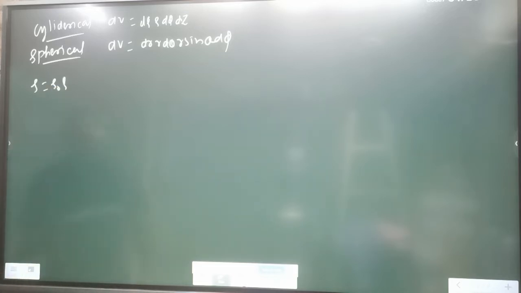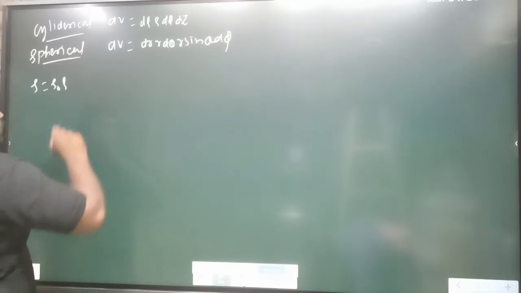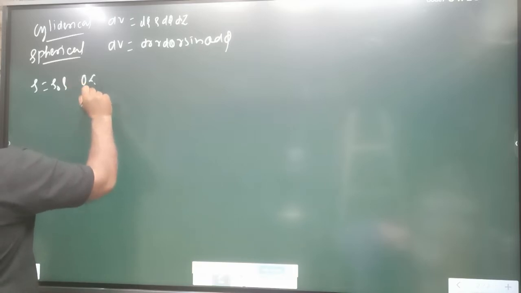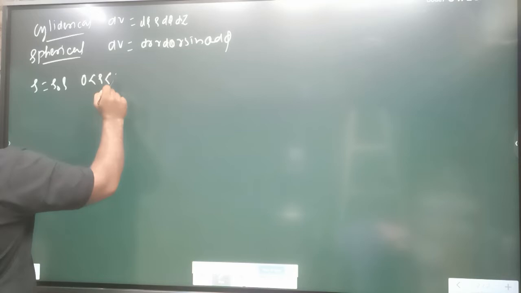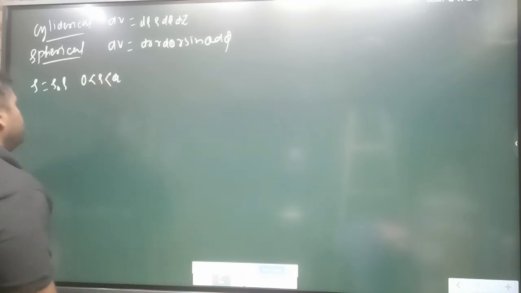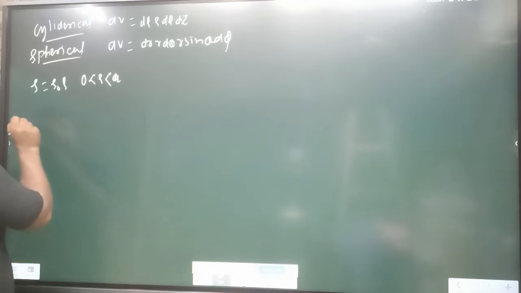What is the value of Q? This density rho is equal to rho naught rho in the region 0 less than rho less than a, where a is the radius. This one is a cylindrical system, a cylinder having radius a.